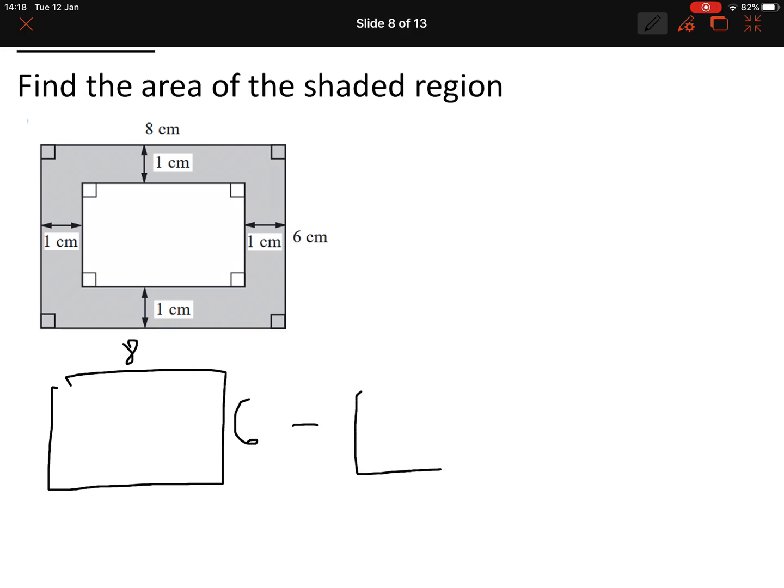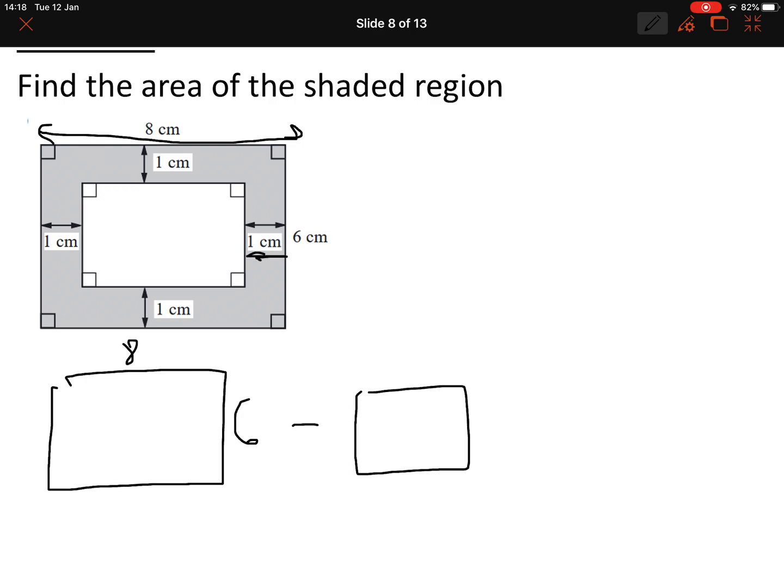The length and width of the big rectangle is 8 by 6. You now have to subtract the area of the little rectangle. What you would recognize is that if you go across, the length of the whole thing is 8 centimeters.